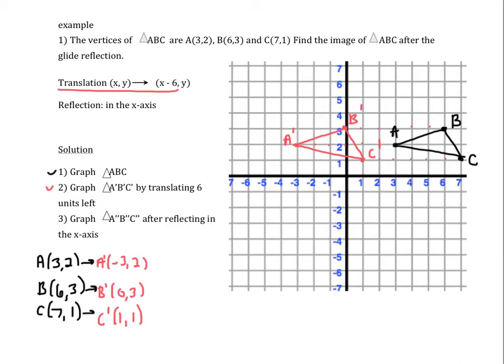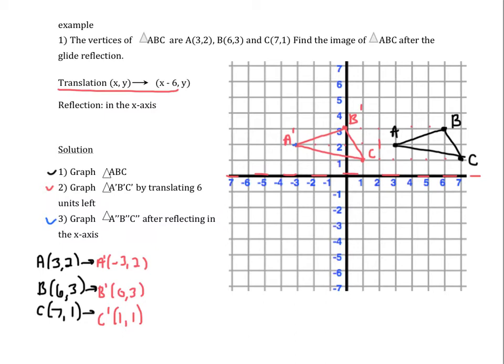Next, we're going to graph triangle A double prime, B double prime, C double prime after reflecting in the x-axis. So I'm going to mark the line of reflection, the x-axis, that's this horizontal line at y equals 0. I'm going to mark it with that dotted line there, and now I have to reflect A prime, B prime, and C prime in this line.